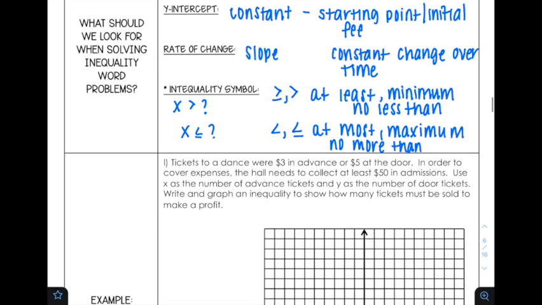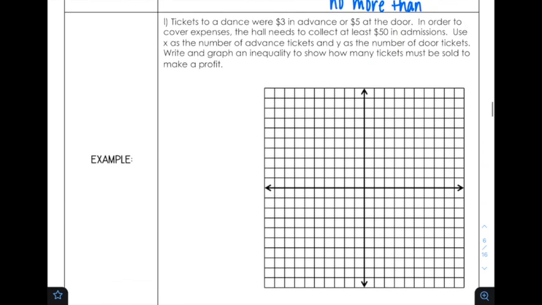All right, so let's try with the first example. They're giving us a situation with tickets to a dance. They actually tell us that tickets are going to be $3 in advance and $5 at the door. So they're actually giving us a total amount of money. So I'm assuming that's going to have to do with something. And then they're going to be giving us at least $50 in admissions.